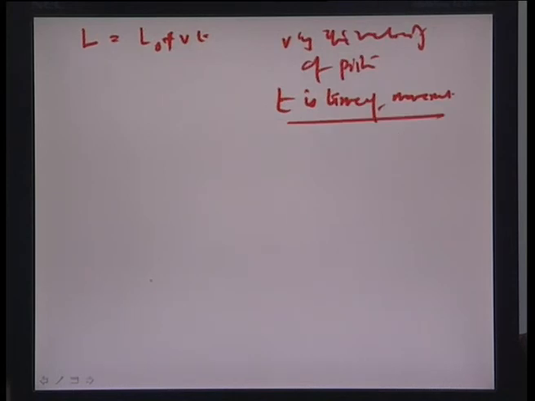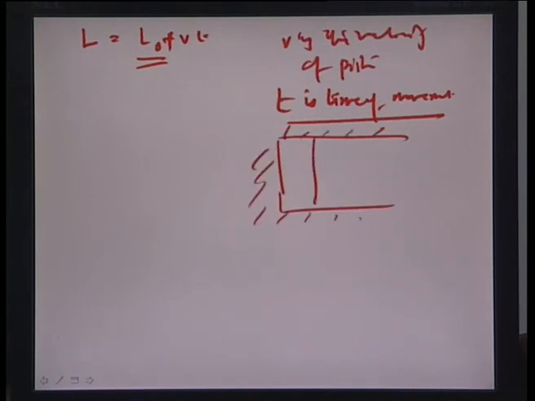So there is some L0 value, let us say the piston is somewhere in this particular figure here, when it moves at a certain velocity v.